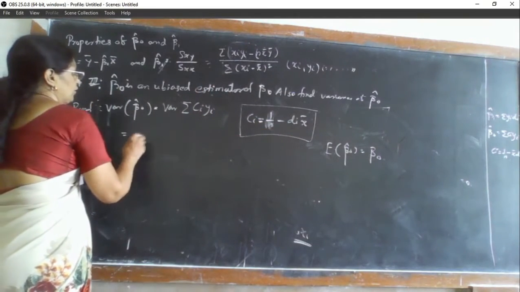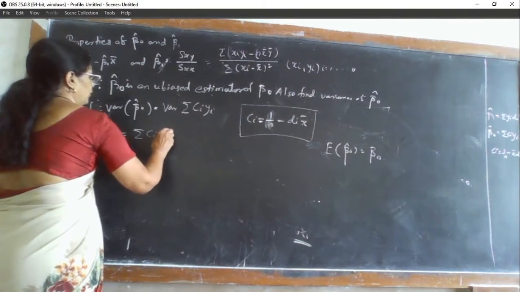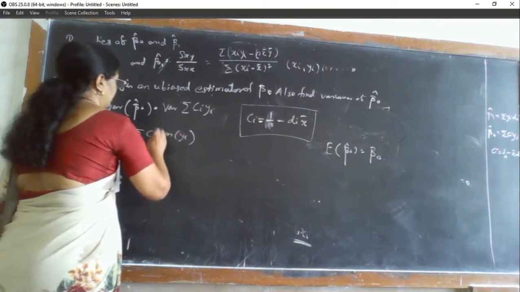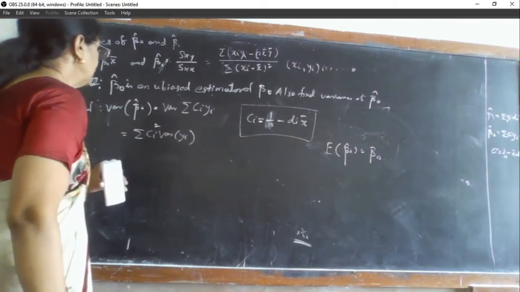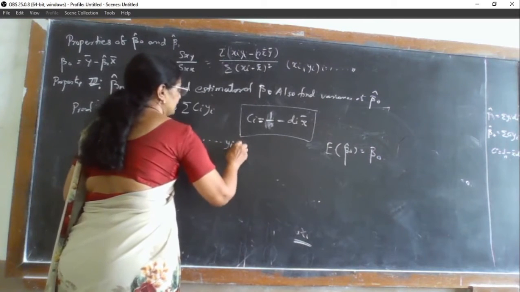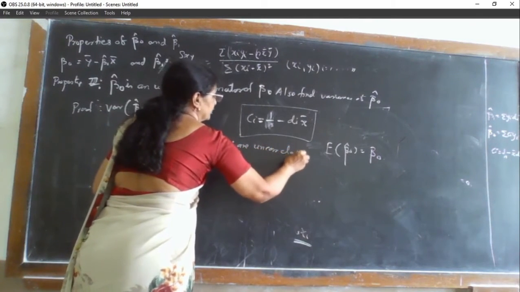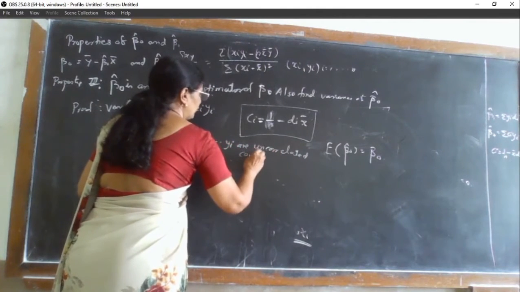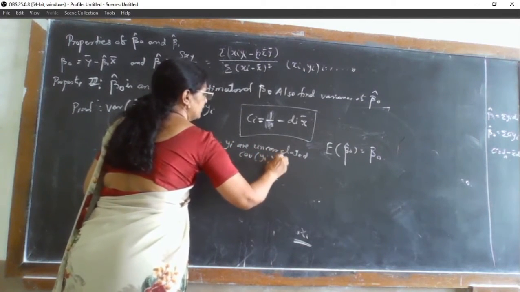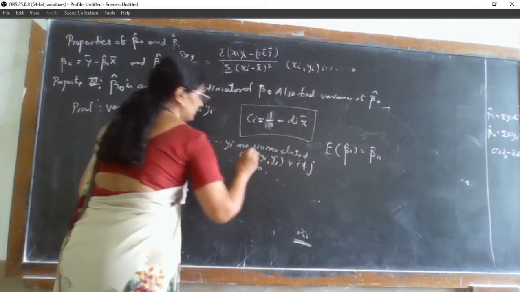Okay, so this is equal to summation of Ci square into variance of Yi. And here you have written that the Yi's are uncorrelated, and therefore covariance between yi, yj for all i not equal to j will be 0.